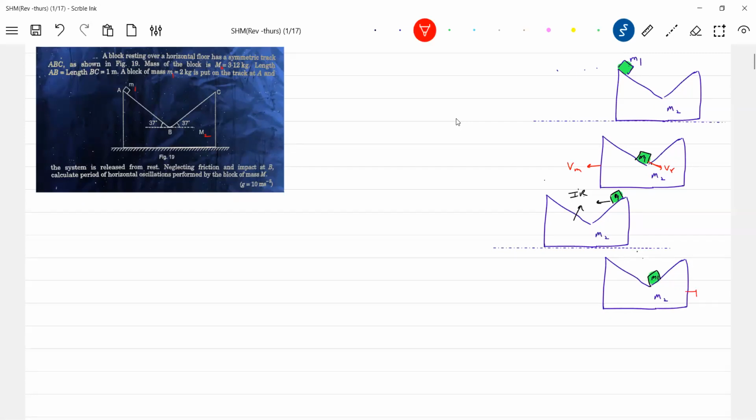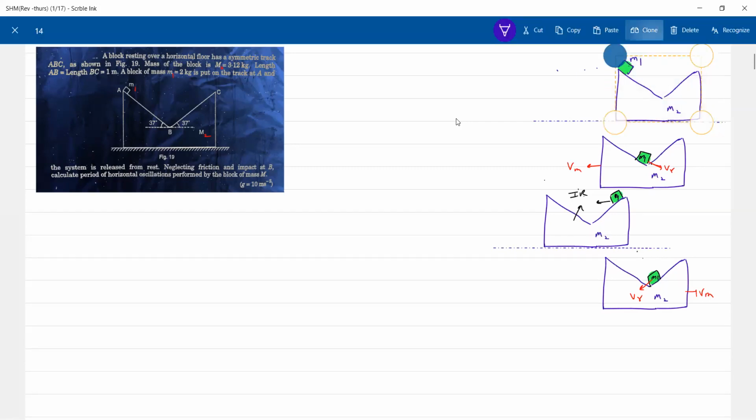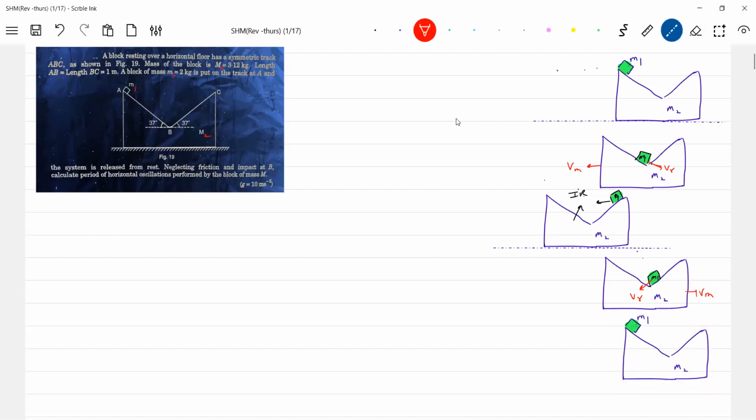This will have maximum velocity. This will be VR. The block will come back to its original position. And see that center of mass will not shift. And that's the basic idea of the entire discussion.